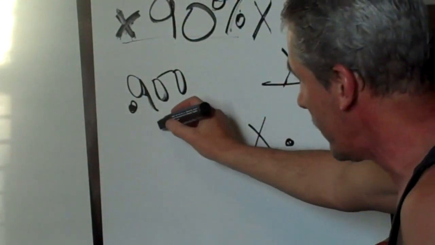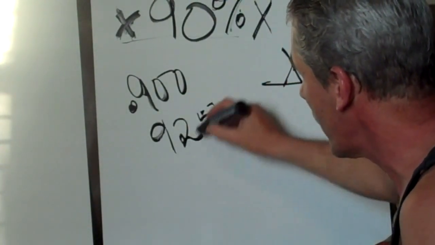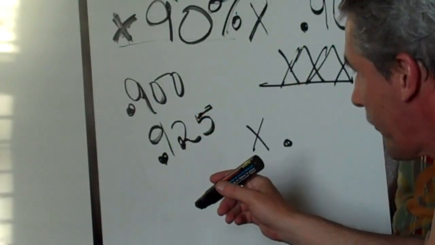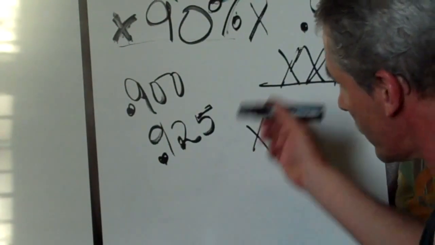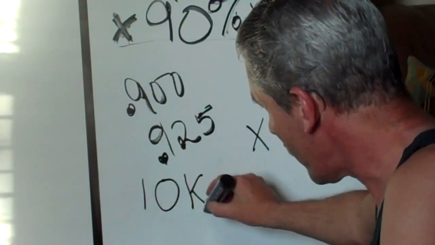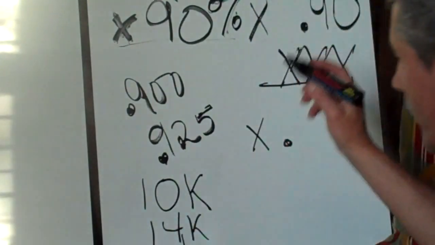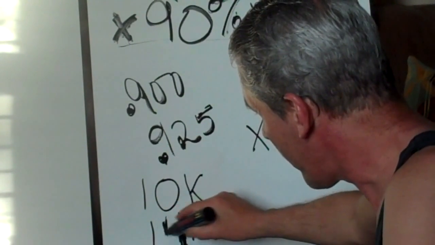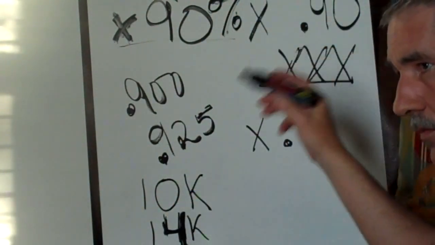If we were talking sterling silver, it'd be 925. So let's say you're buying 10 karat gold or 14 karat gold. You're going to need the decimal equivalent of the gold you're buying.